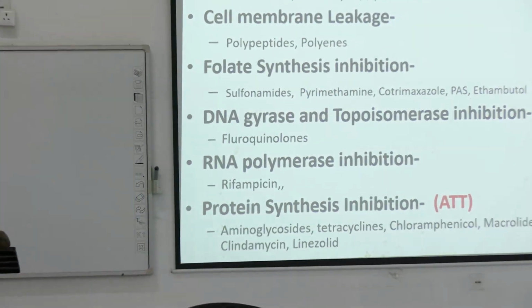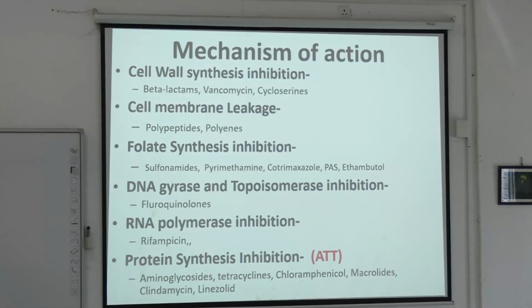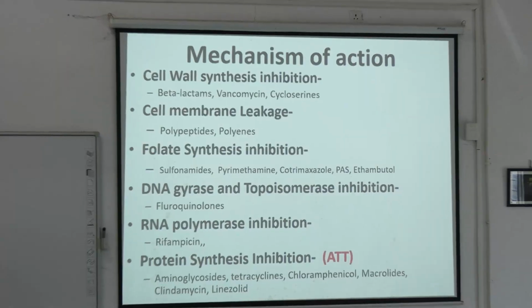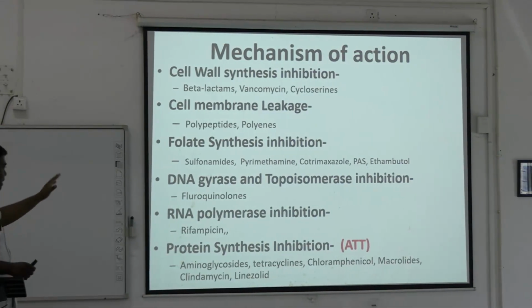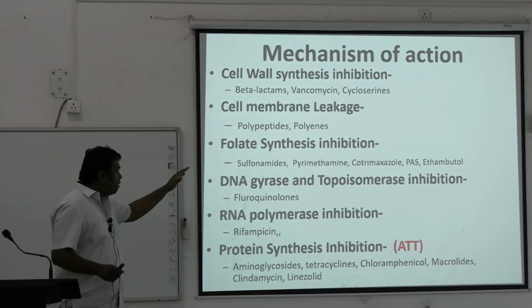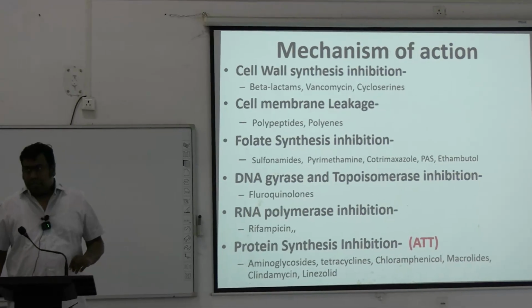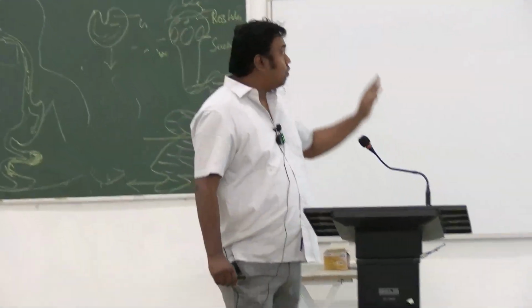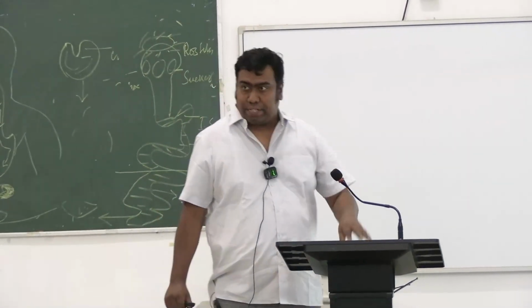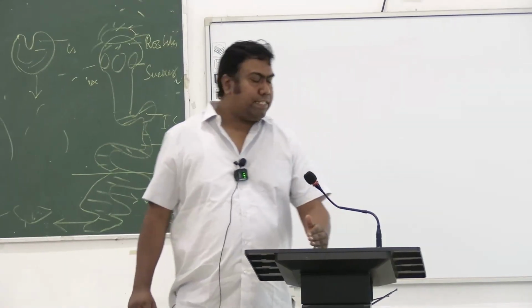Third one is folate synthesis inhibitors. Folate is needed for what? For DNA synthesis. So folate synthesis inhibitors are sulfonamide, pyrimethamine, cotrimoxazole, PAS and ethambutol. Where is ethambutol used? It is used in tuberculosis. So these are folate synthesis inhibitors. So cell wall, cell membrane, folate synthesis inhibitor.